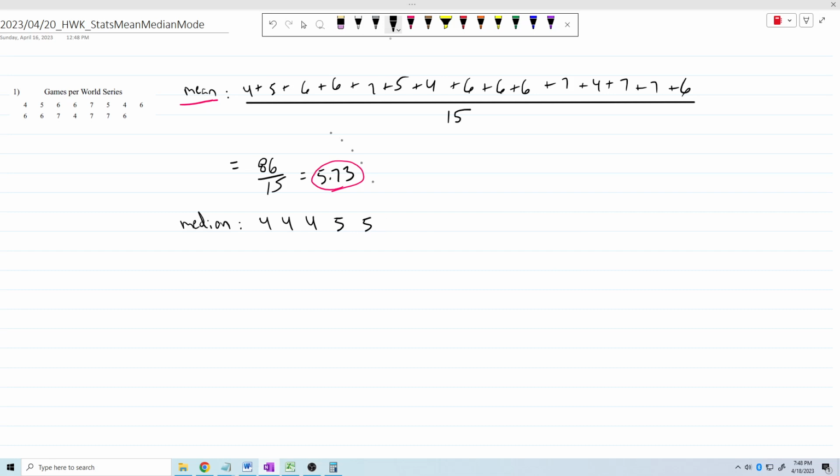I'm just writing them all down, putting them in order as I see them. Let's see how many of those sixes there are. There's six of them, and I have four sevens.